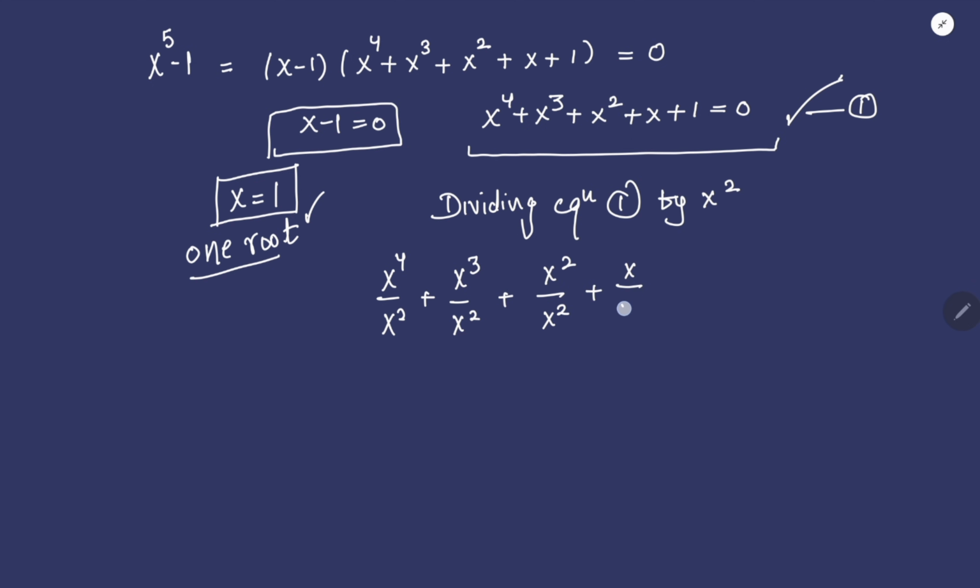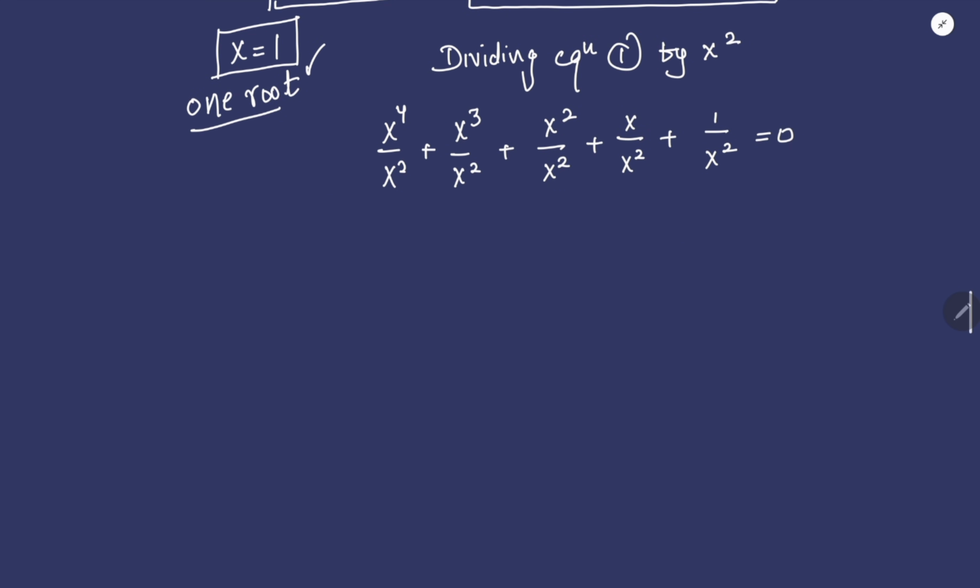I will have to divide each and every term with x square, right? What am I left with now? First term is x square plus x plus 1 plus x raised to power minus 1. The x will get cancelled out and we are left with 1 by x, that is x inverse, and here x raised to power minus 2 equals 0.